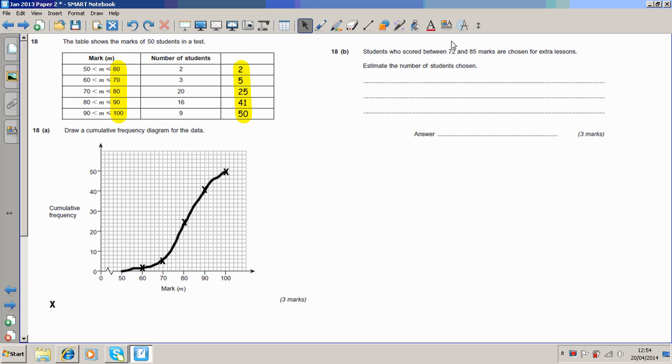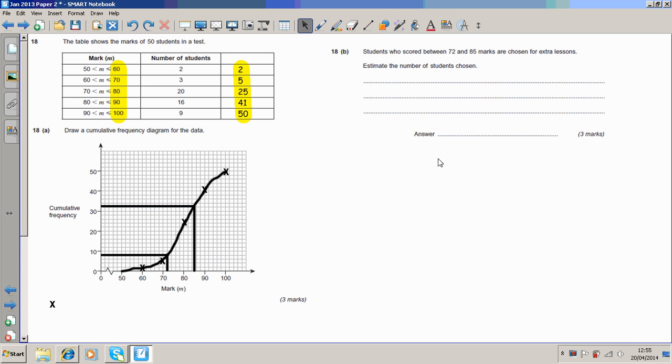Okay, students who score between 72 and 85 marks are chosen for extra lessons. Estimate the number of students chosen. So students who score between 72 and 85 marks. 72 marks is there. And 85 marks is there.